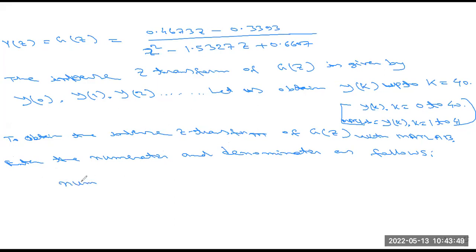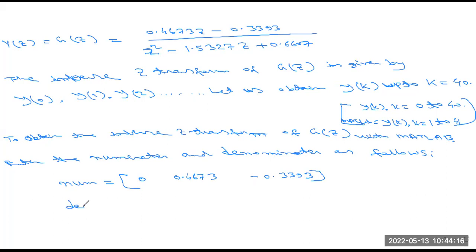One is numerator, and NUM is the short term for numerator. Here the numerator is 0, the first constant term, then 0.4673, and another one minus 0.3393. This is the numerator part of the MATLAB function.